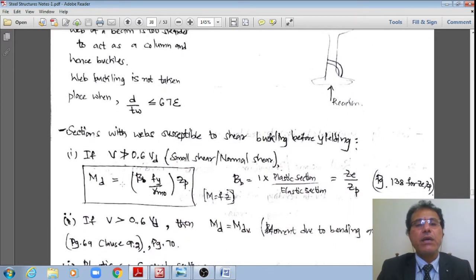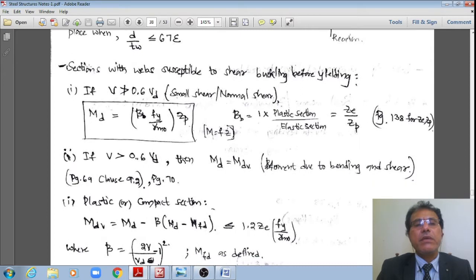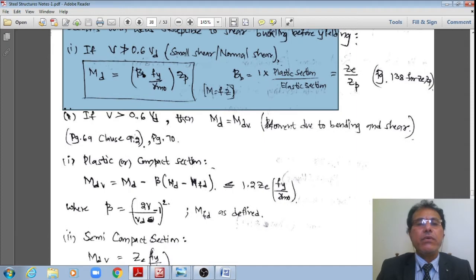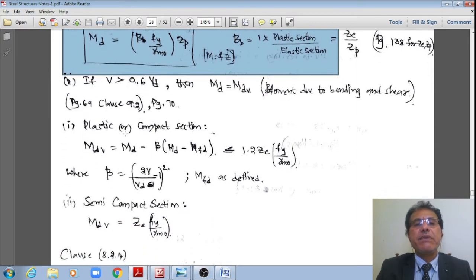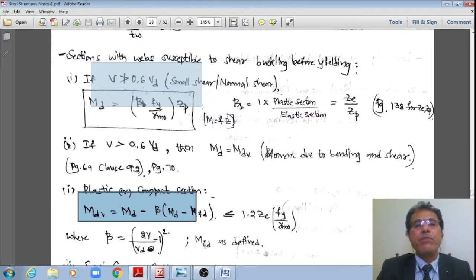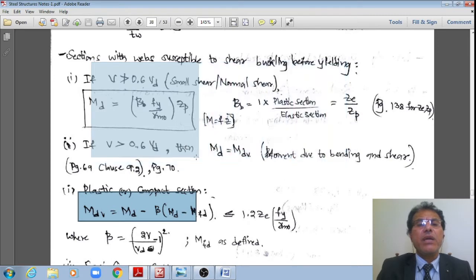If V is not greater than 0.6 Vd, Md is given by this formula, and if V is not greater than 0.6 Vd, Md is equal to beta b Fy divided by gamma m0 multiplied by Zp. However, this beta b is 1 multiplied by the ratio of Ze by Zp. However, if V is greater than 0.6 Vd, then Md is equal to Mdv.